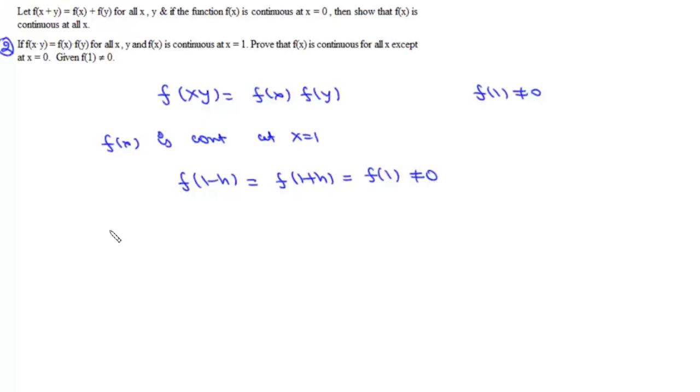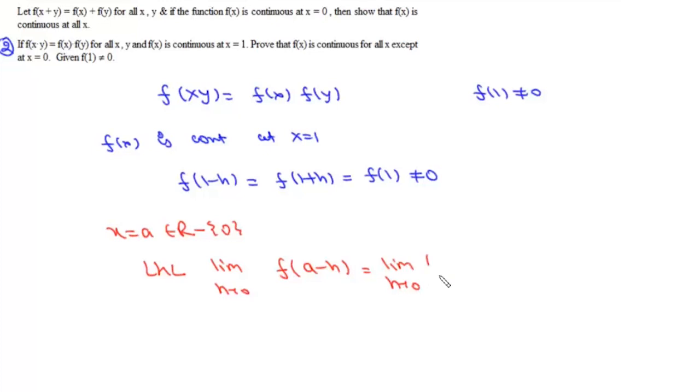Now if we look at any point a which is R except 0, then we can write the left hand limit as limit h tends to 0 f(a minus h). Now we can write this as f, and if we take a common, it will be a into (1 minus h upon a).